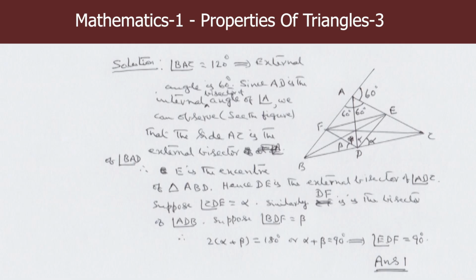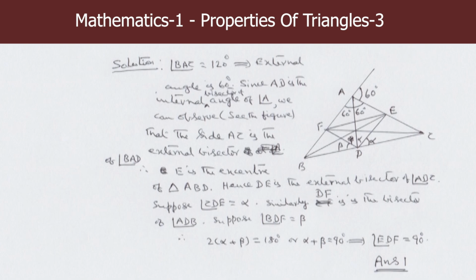Right. So by hypothesis, angle BAC is equal to 120 degrees. The external angle is 60 degrees since AD is the internal bisector of the angle A. So at A it is 120 degrees, so the external angle at A is 60 degrees. So that angle is simply 60 degrees.